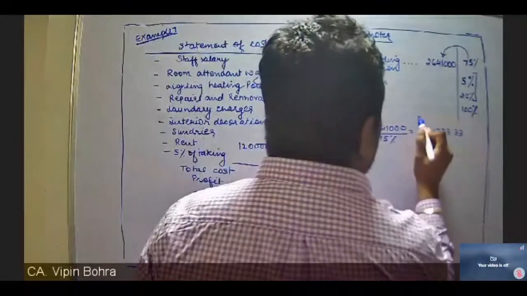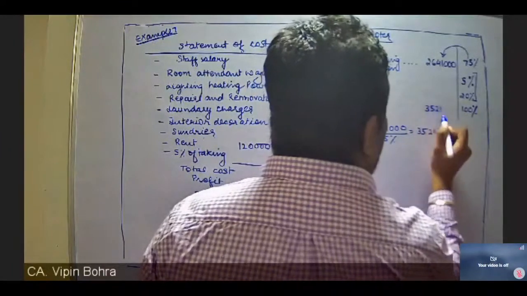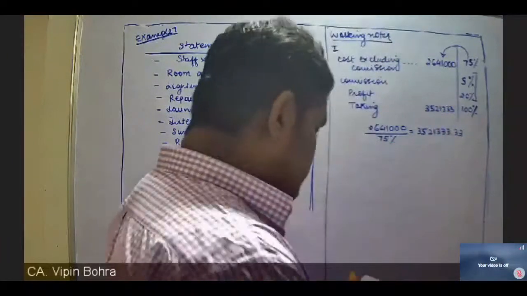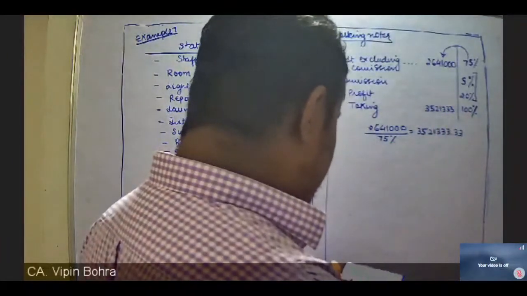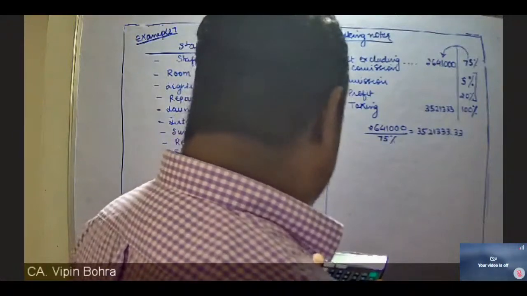The takings are 35,21,333. The profit is 20%, so 7,04,266.